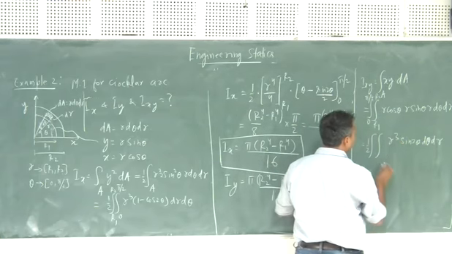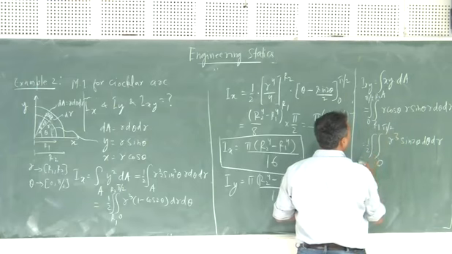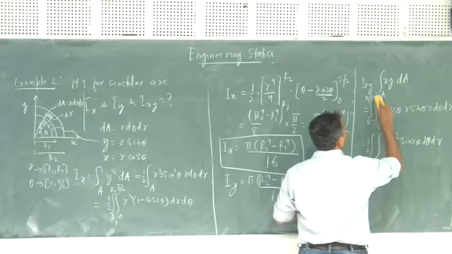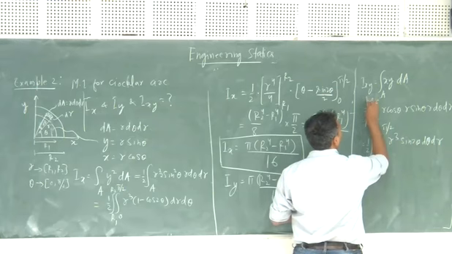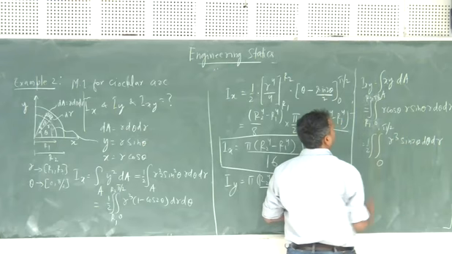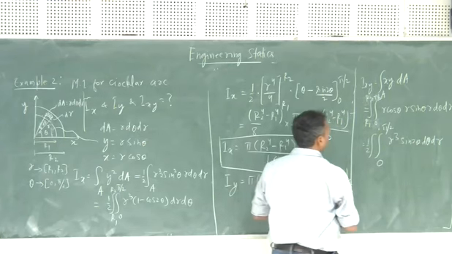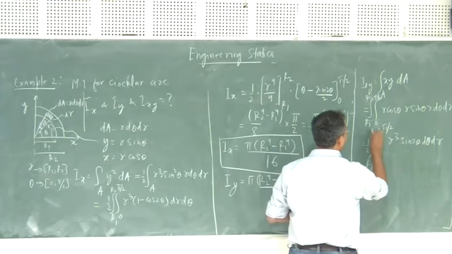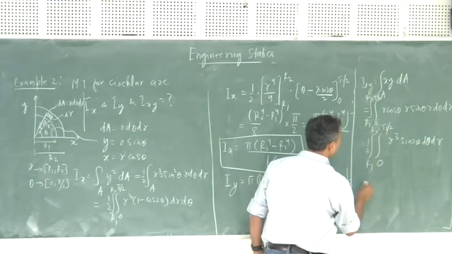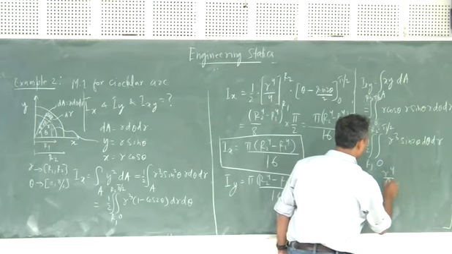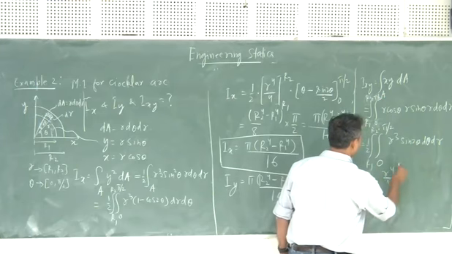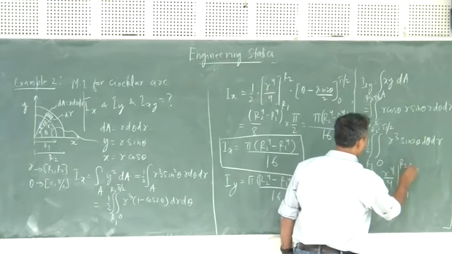The theta integration will be from 0 to pi by 2. So r to the 4 by 4, then 1 by 2 is there, varying from r1 to r2.